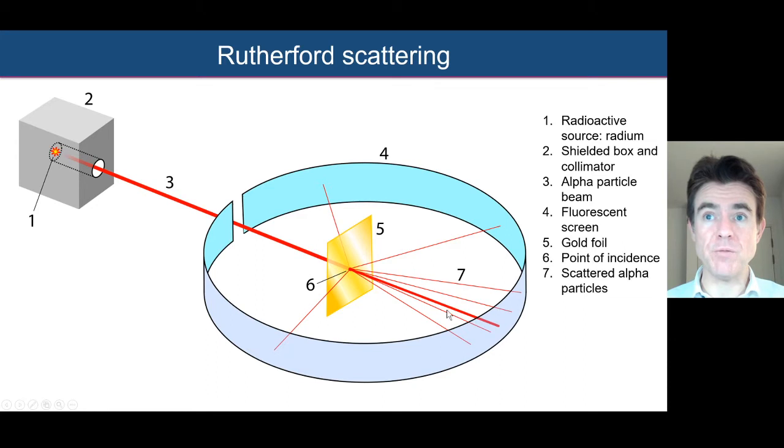But as you can see with this schematic here, we actually get this scattering of the alpha particles. So just like many of the other experiments, we have the usual fluorescent screen there to detect the charged particles after they've scattered. And I think I've now covered all the items in this schematic.